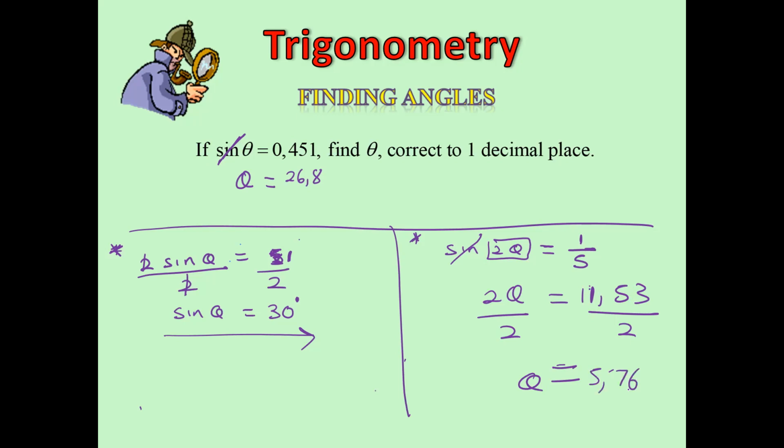Can you see the difference here? In this case, you cannot divide by 2 initially. You can only divide by 2 once you've got rid of sine, because the entire angle was 2 theta. So that is a common confusion in grade 10. The reason it's such a common mistake is because this is the first time you're doing trig. So you will get used to it as you move on.